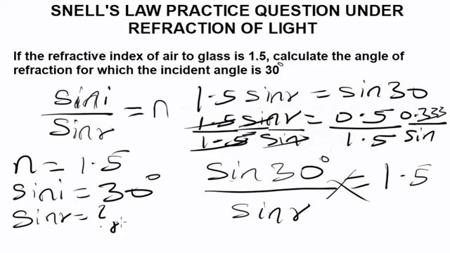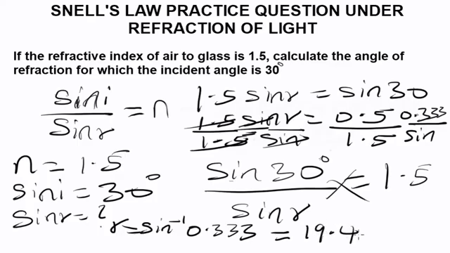Our r, the angle of refraction, will now be sine inverse of 0.333. If you punch it in the calculator, it gives 19.45 degrees, leaving it at 2 decimal places. So this will be the angle of refraction.